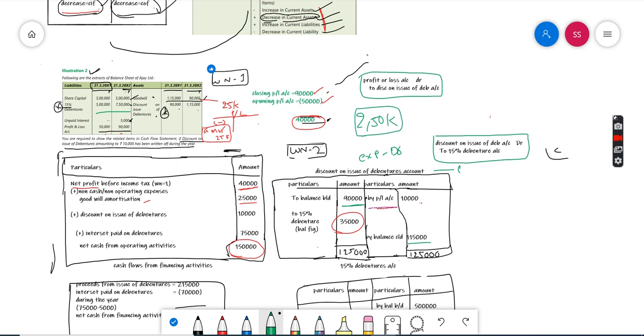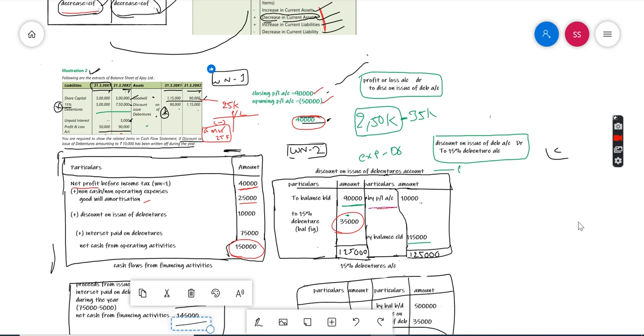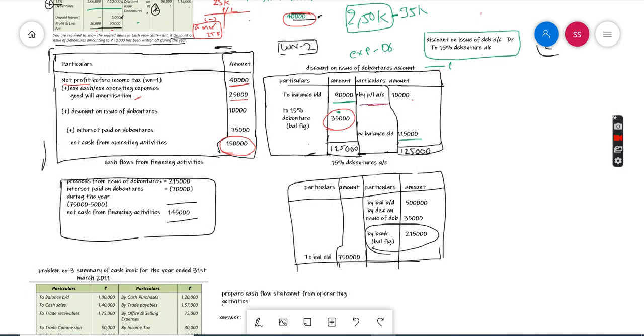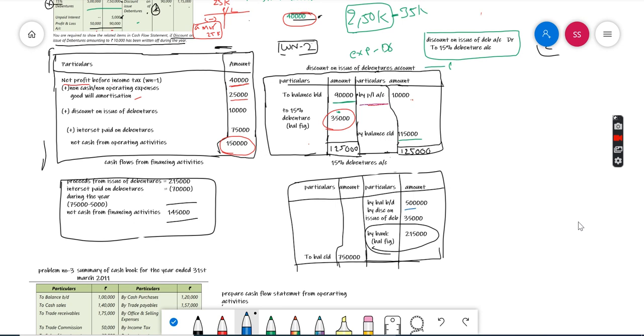But since there is a discount on issue of debentures account also, the debentures were issued at a discount of 35,000, which we got here. So let's prepare the debentures account also to get a clear picture. Debentures is a liability, so the opening balance should be on the credit side because liability shows a credit balance.